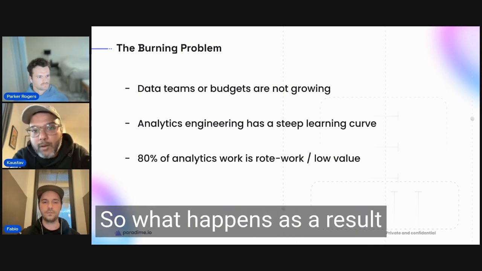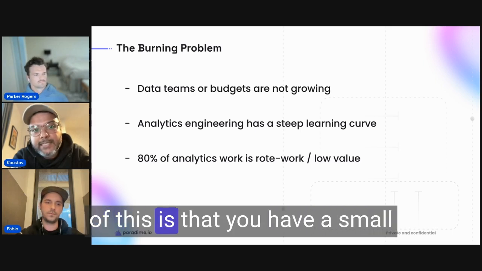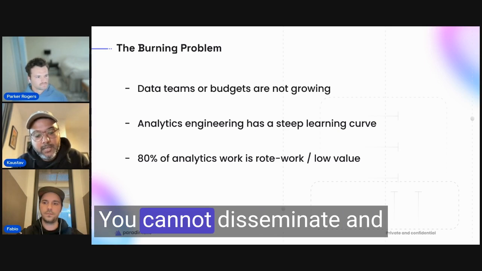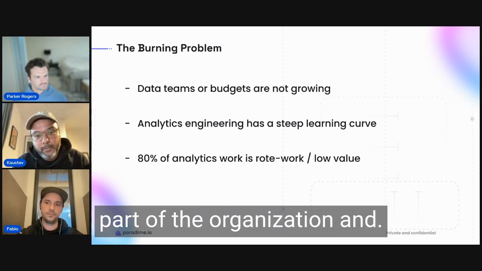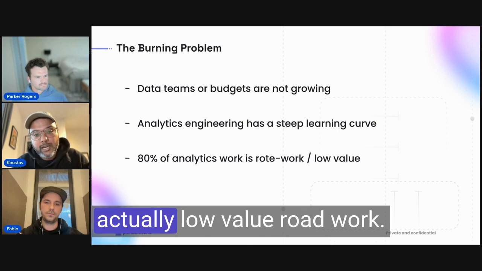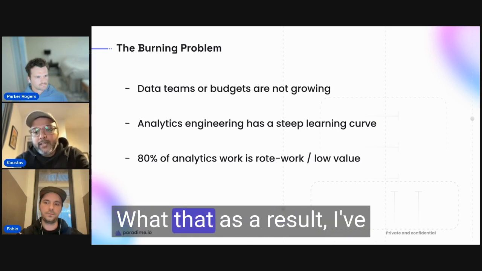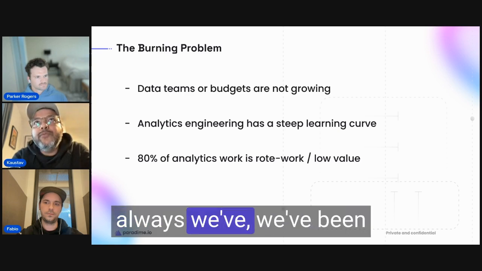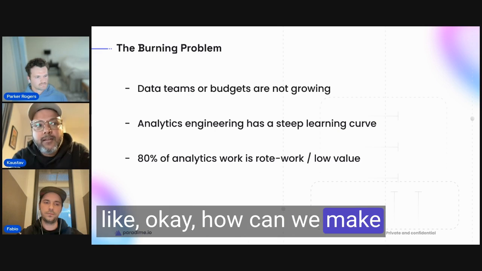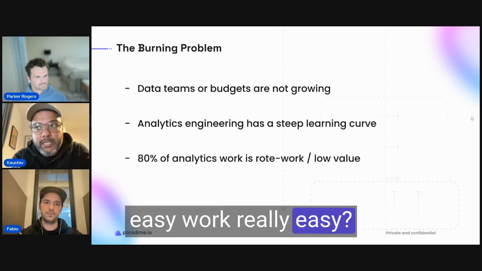So what happens as a result is that you have a small team or you don't have budget. You cannot disseminate that knowledge across a larger part of the organization. And on top of that, most of the work that you end up doing is low value rote work. As a result, we've been thinking really hard about how we can make easy work really easy.